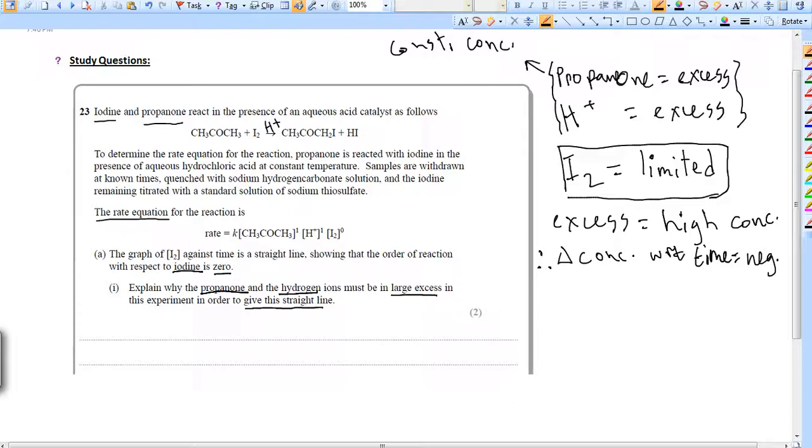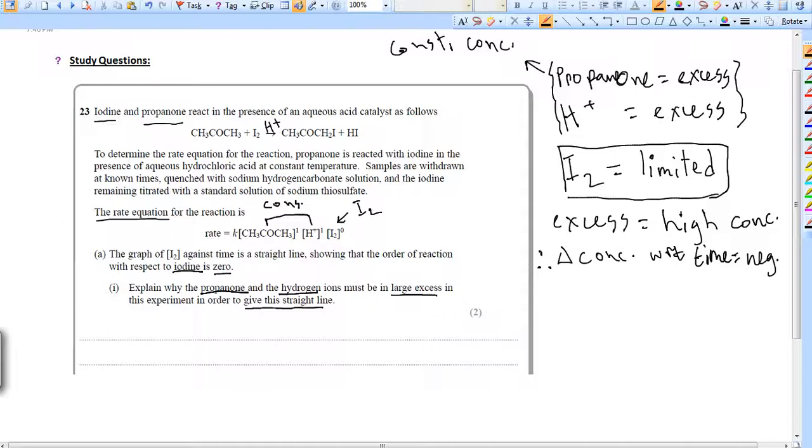So from this rate equation we can say that these two are constant. That means the concentration of this and this are constant. The only thing left here is iodine. The concentration of iodine is variable since it is limited, so it varies with time.